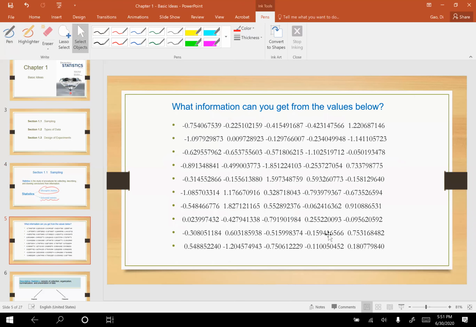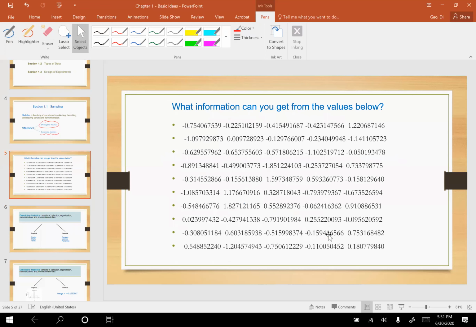So now let's see why we need statistics. From this slide, what information can you get? You may just say a bunch of random numbers with no certain pattern. So basically, the answer is not much information from it.